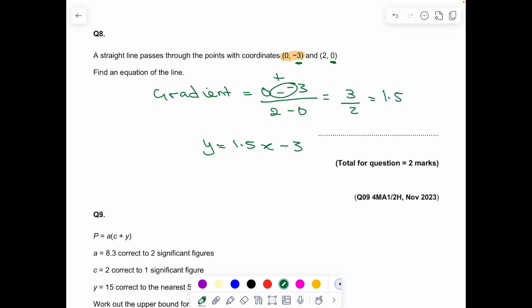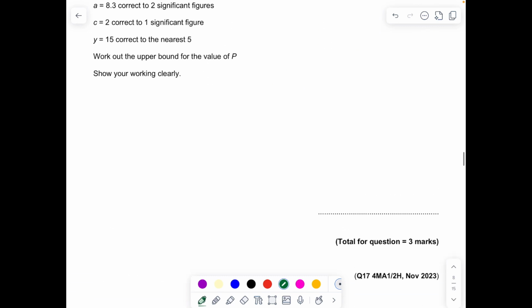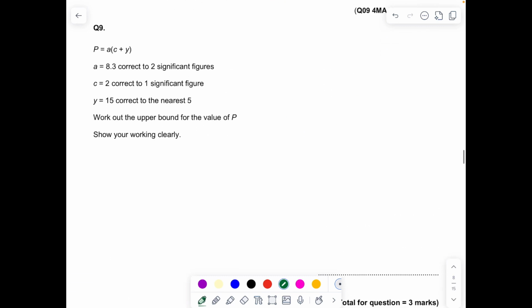Okay? Right. An upper and lower bounds question. Well, it's only asking for the upper bound, and because only multiplication and addition is present, we're just going to find the upper bound. So what I would do is I would take my values. I'm going to find the upper bound, so UB for upper bounds.